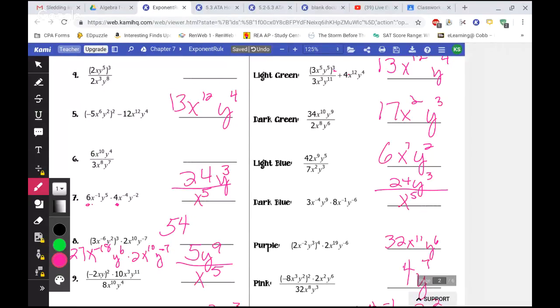Now, what do I do with the x to the 18th and the x to the 10th? They're being multiplied. So, what do I do with the exponents? Add. When you have matching bases, yes. So, what's negative 18 combined with a positive 10? -8. Okay. So, if the end result when I combine them is negative, does it go in the numerator or the denominator? The bottom.